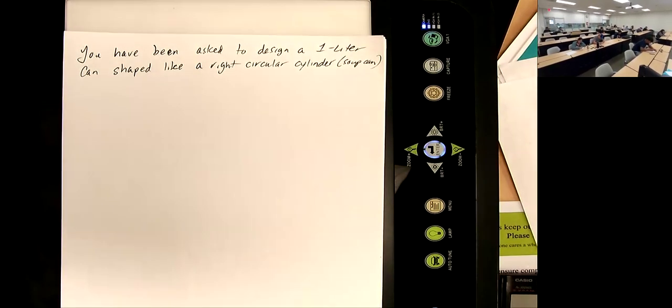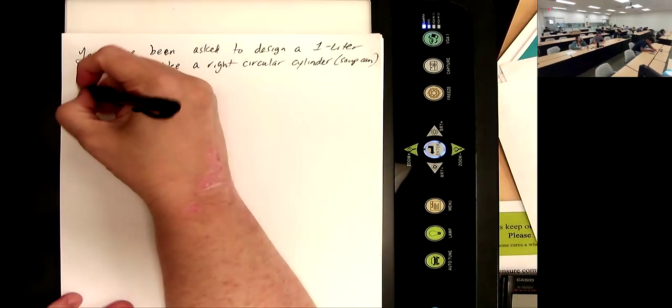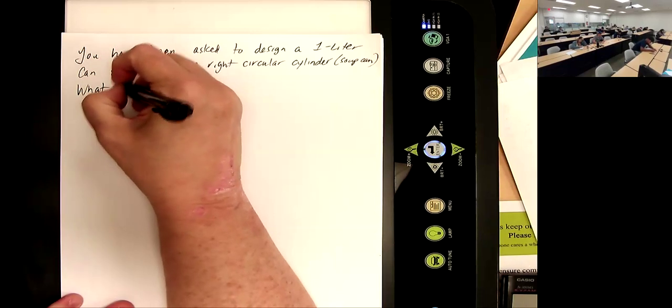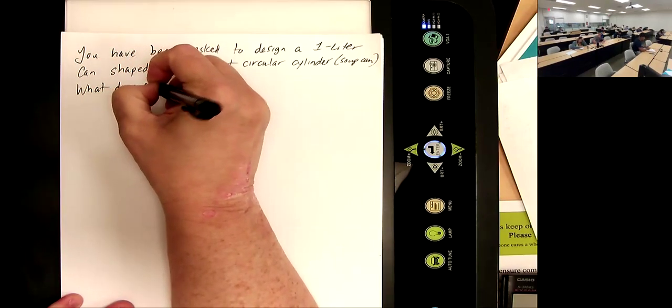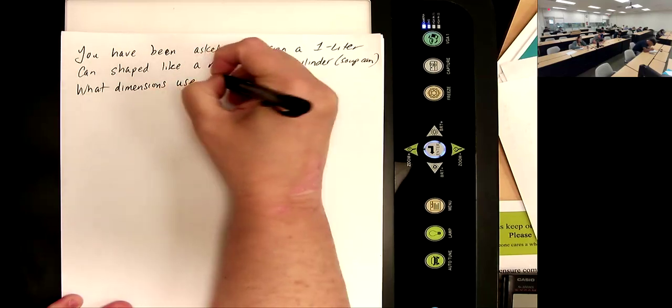That's what it is, well, a soup can that holds a liter would be a lot of soup. But that's what a right circular cylinder is, it's a soup can. What dimensions use the least material?